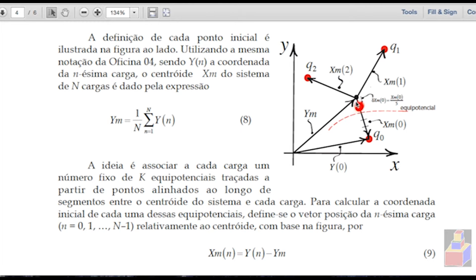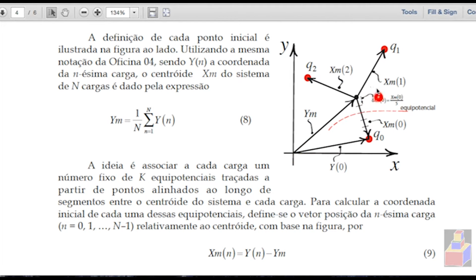Then calculate this vector here that goes from the centroid to the nth charge. So what we have to do? Make the difference between this and that. To calculate this difference, you have the vector that goes from here to here. If you make the difference between this vector and this one, we have this vector here, and so forth.